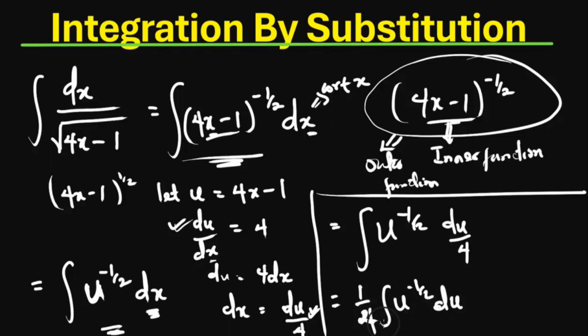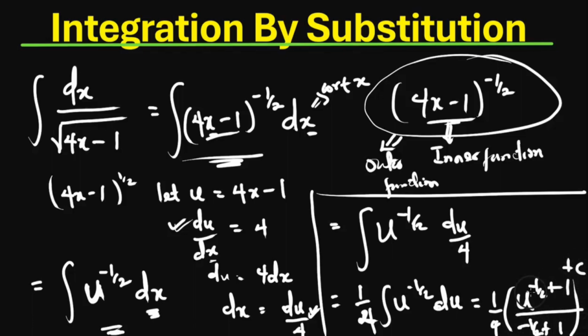When we're integrating, we have to remember that we add 1 to the power and divide by the new power. So we have 1 over 4 into brackets u raised to power minus 1 over 2 plus 1 divided by minus 1 over 2 plus 1, and then we add c.